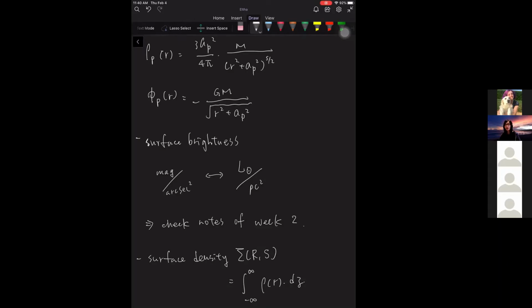I also showed this in the problem session. I later changed to 1 megaparsec, and the result for surface brightness is basically the same. So distance doesn't matter. You can just put a D in it and you'll find that it cancels out.